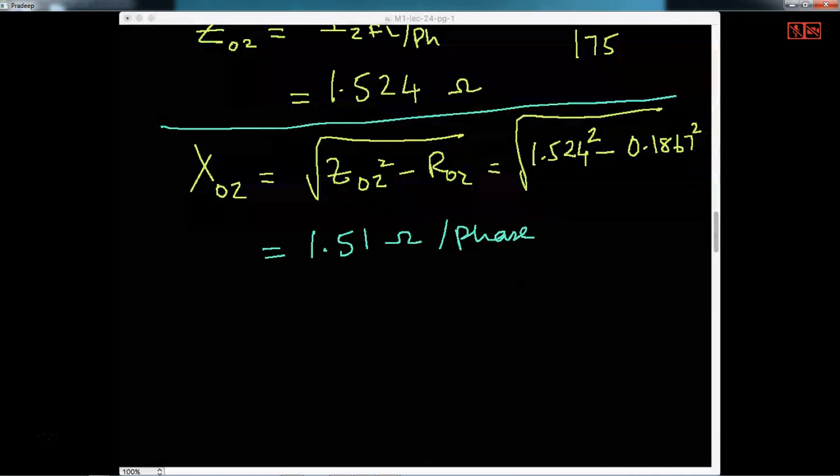So now I have everything. I have the R02, I have the X02, I have the I2, and now I can find out this one. We already learned the approximate voltage drop formula.